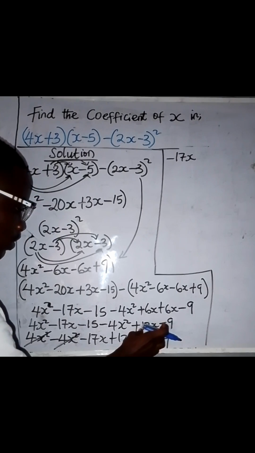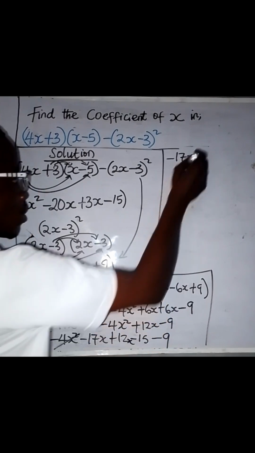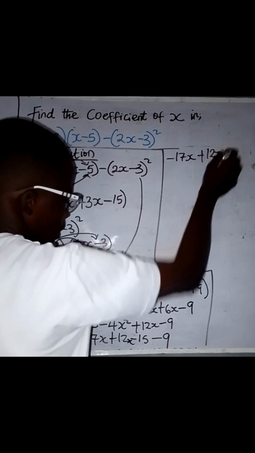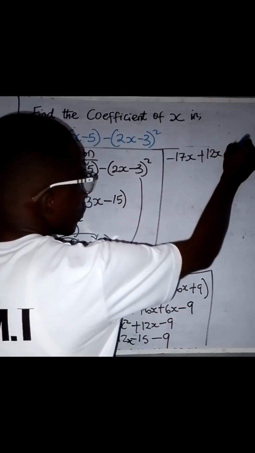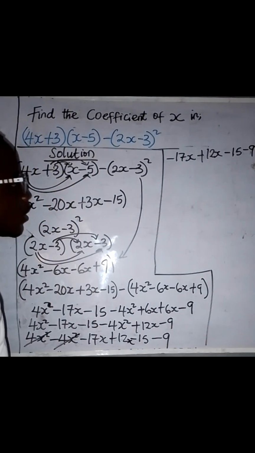Remember when I collected like terms, this has a 12x. Then minus 15 minus 9. So these are the values I have there.